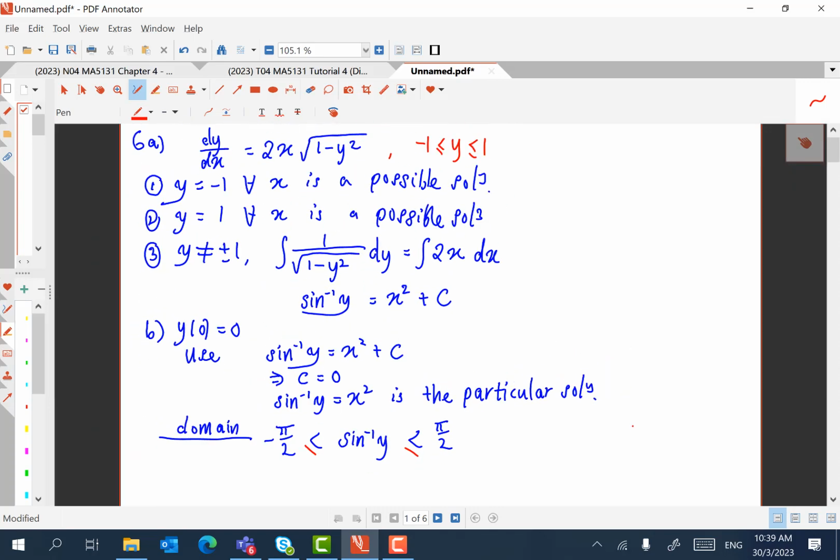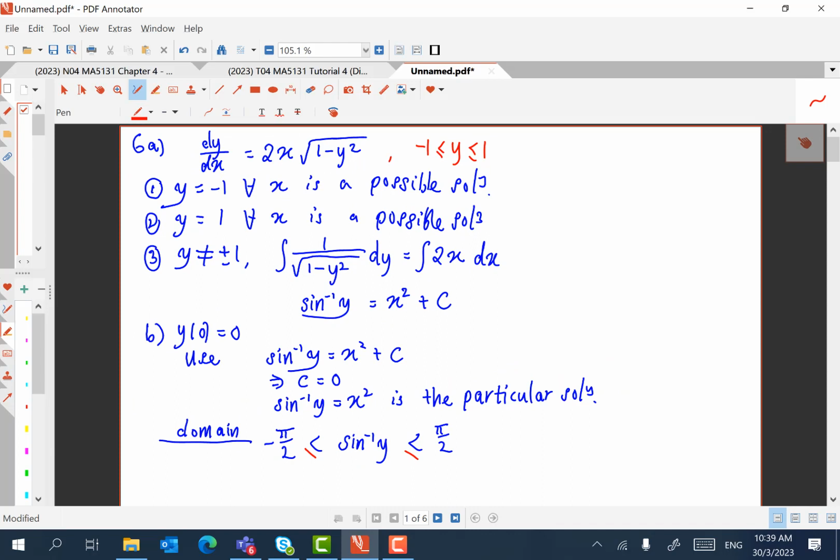Why? It's because you have already set the condition for using the third one, that y cannot be 1 or minus 1. So sine inverse y cannot be pi over 2 or minus pi over 2, because this will give you -1 and 1. That's why these two must be omitted.